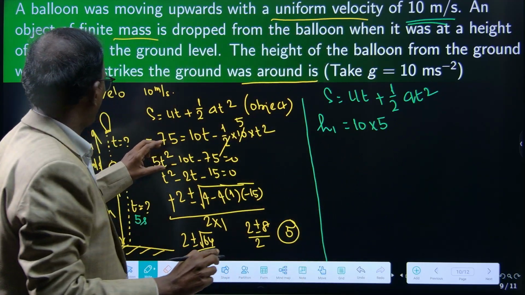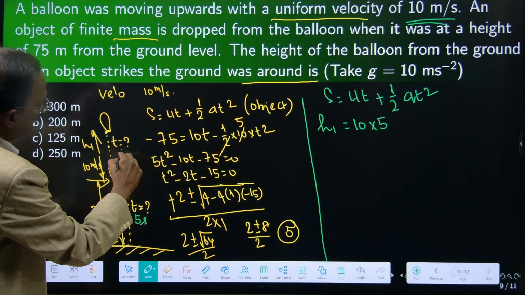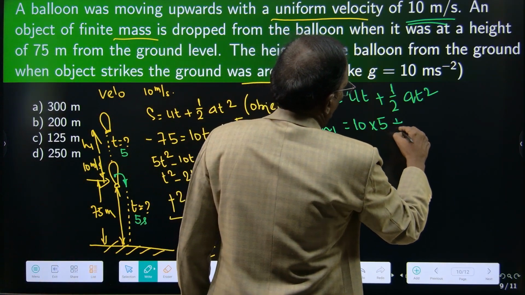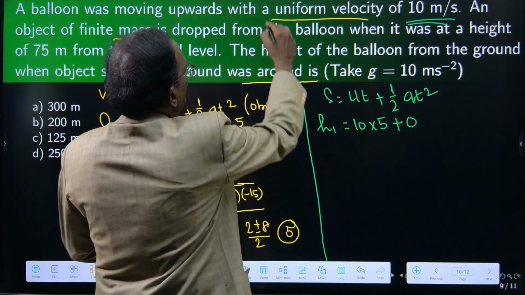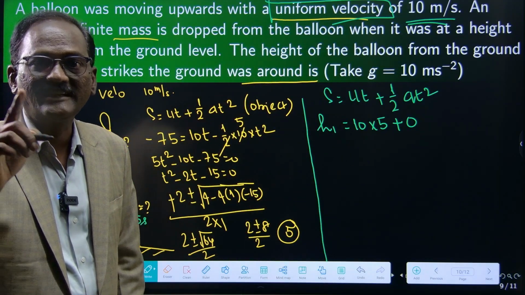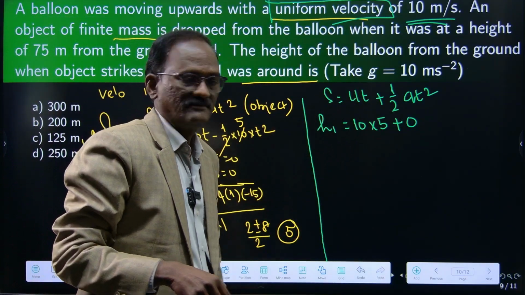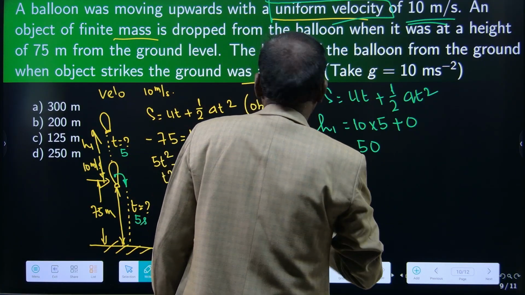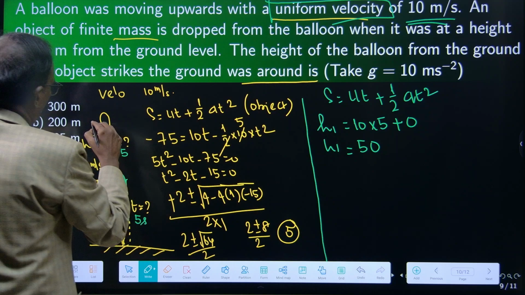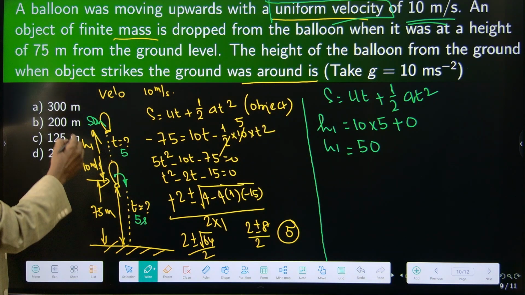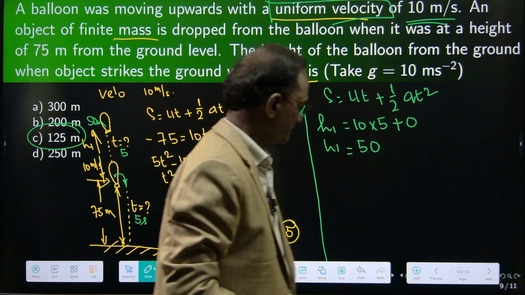In 5 seconds, how much distance should it have traveled? Plus 0, because when the velocity is uniform, acceleration is 0. This is the trick here. h1 is 50 meter. So the total height is 50 plus 75, 125 meter, option C.